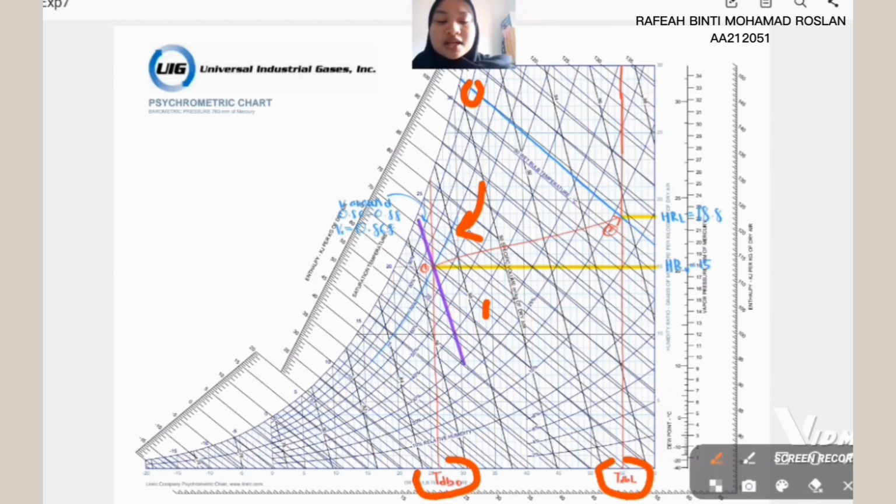From the intersection, we can get the specific volume, which is 0.868, and the humidity ratios are 15 and 18.8.